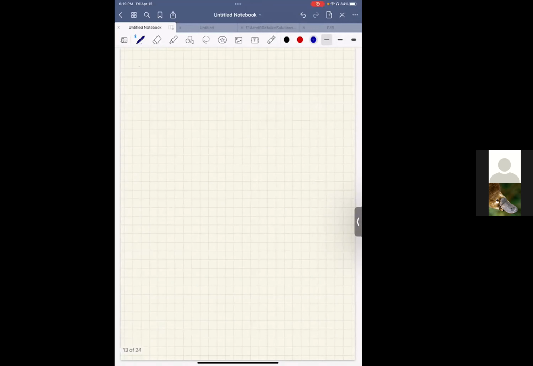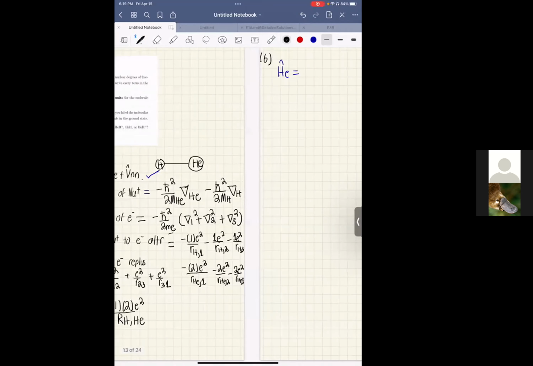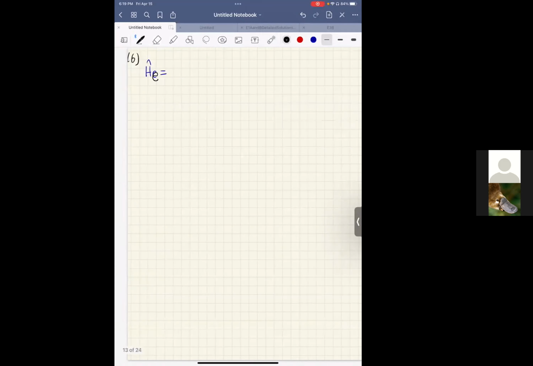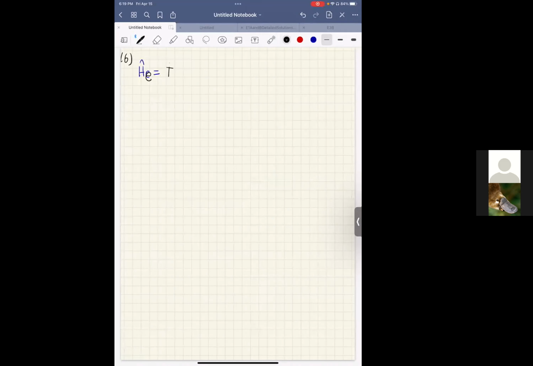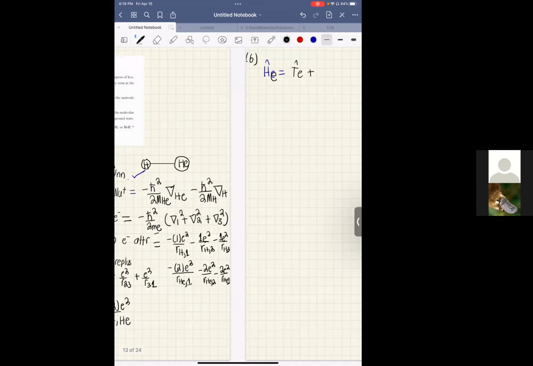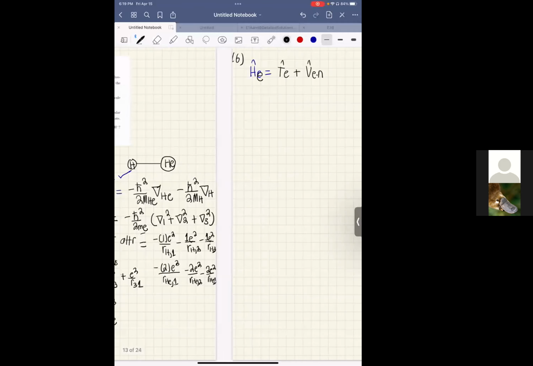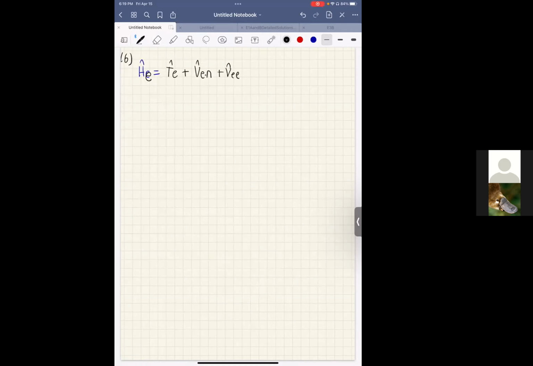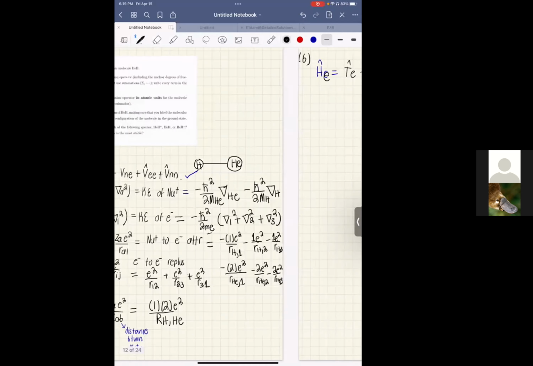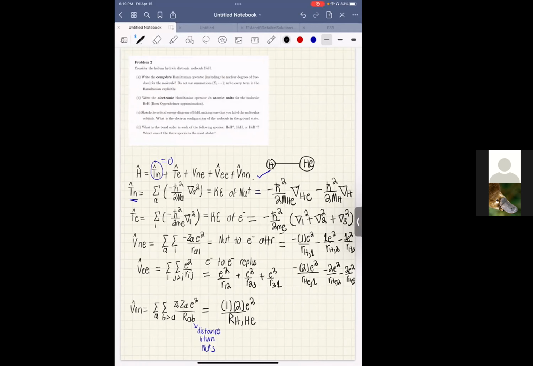So for the electron Hamiltonian, put part B here, this electron Hamiltonian is equal to kinetic energy electron plus V E, and then plus V and M. All right, and that'll be your answer. Because you established the terms before, you can just write this down there, and you don't have to write down the whole thing if you defined it.